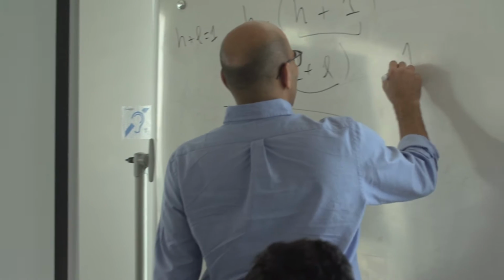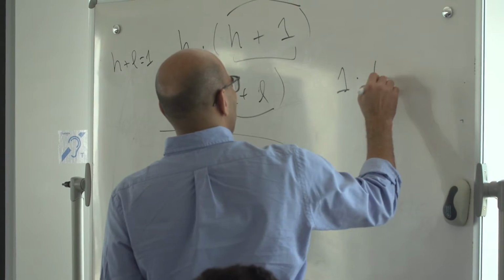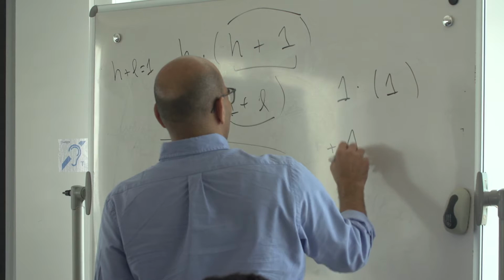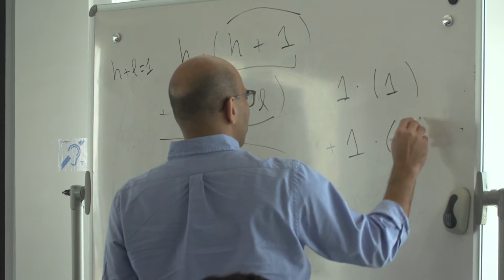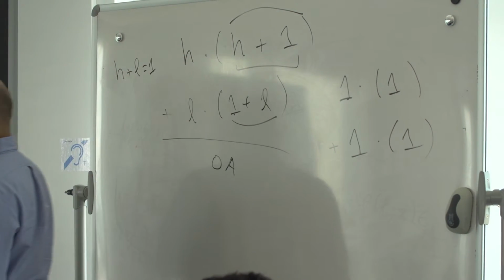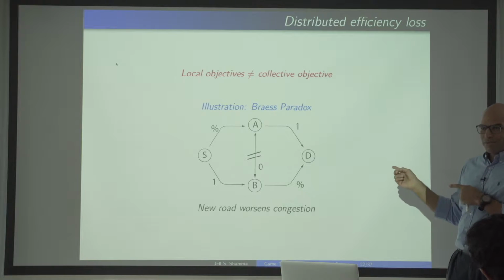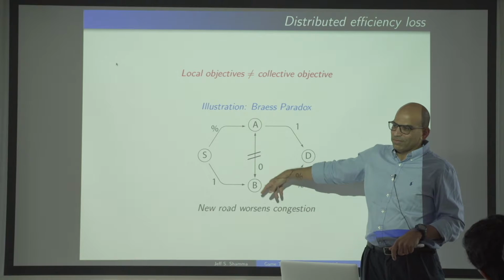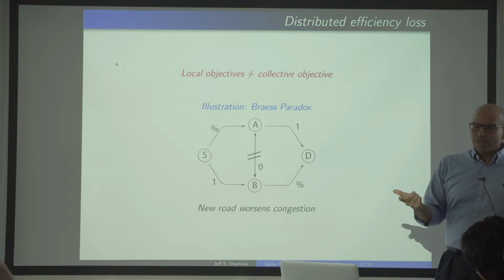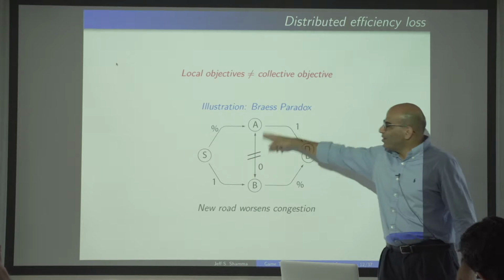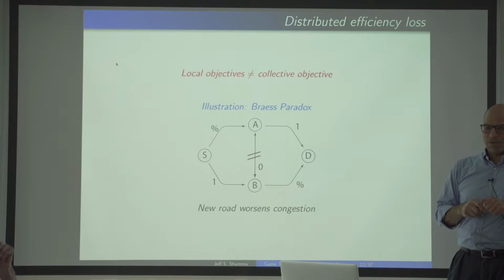Everybody takes the high road, and then everybody switches to the low road. And it turns out that the overall congestion is worse with the new road. So when individuals make their own decisions, when we added the new road, the overall congestion was worse.